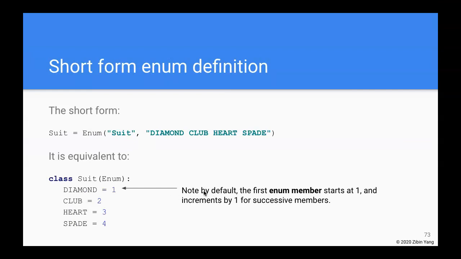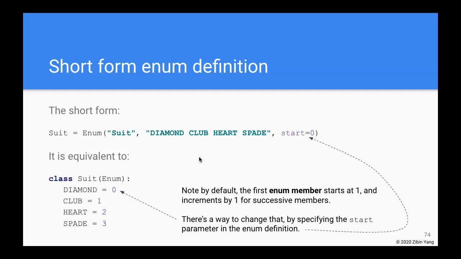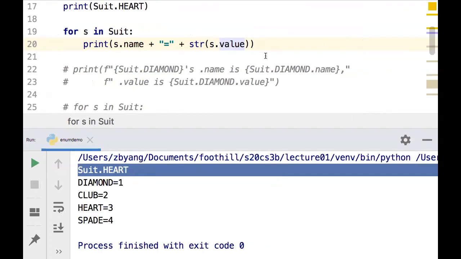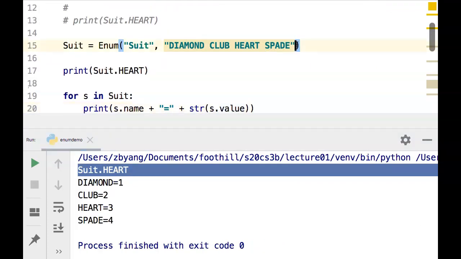Now, note that by default, diamond, the first member, starts at 1, same as before. However, if for any reason, even though we said we might not want to do this for suit, if we wanted to start at 0, we can do that, and that is if we just specify an additional parameter, start at 0.